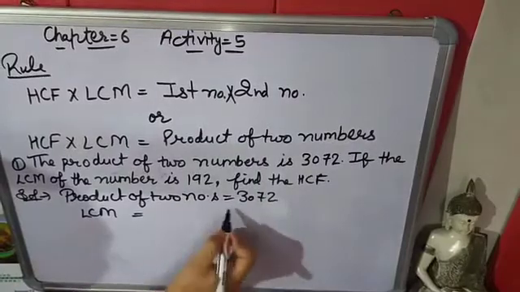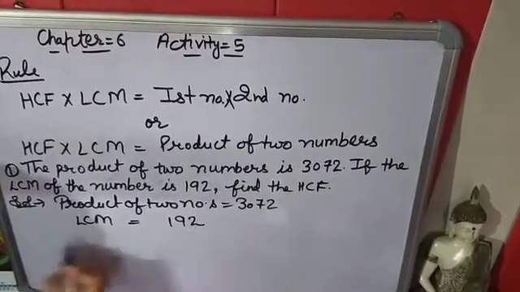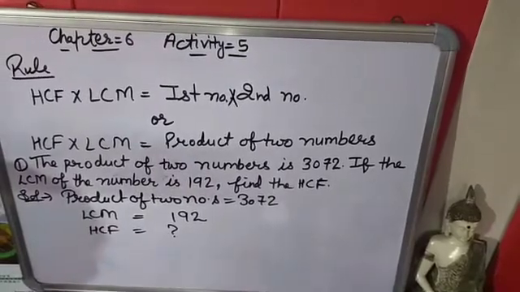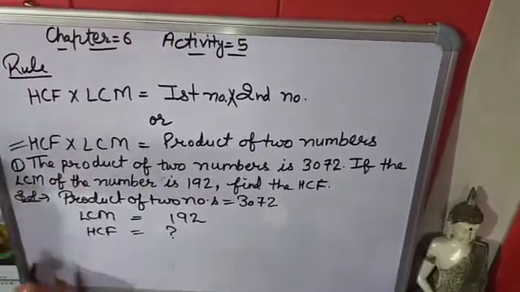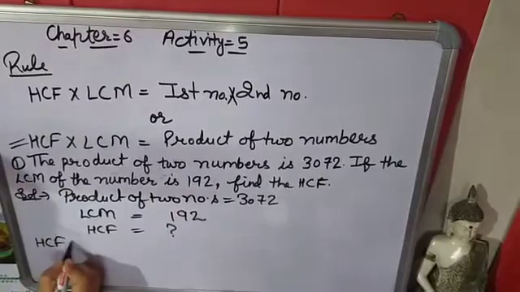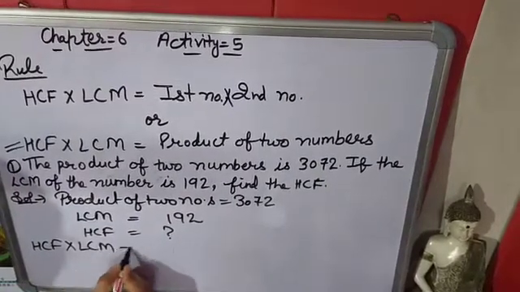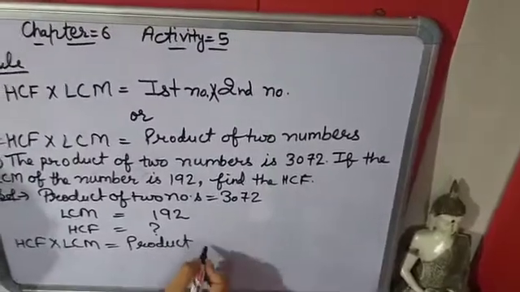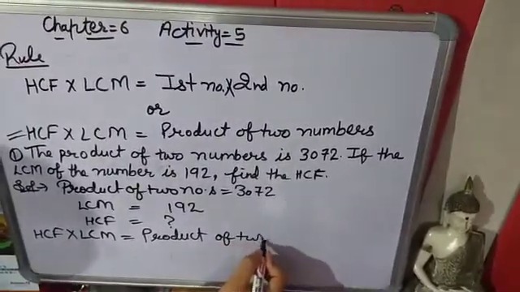LCM is 192 and you have to find HCF from there. So we will use this formula. We will write HCF into LCM is equal to product of two numbers.